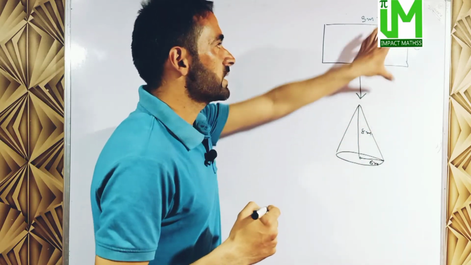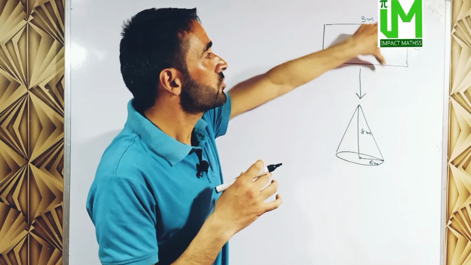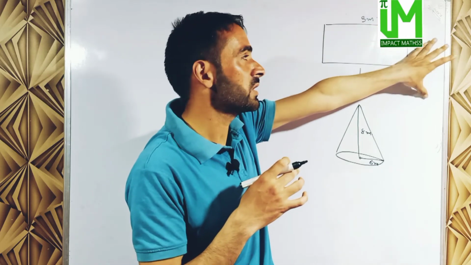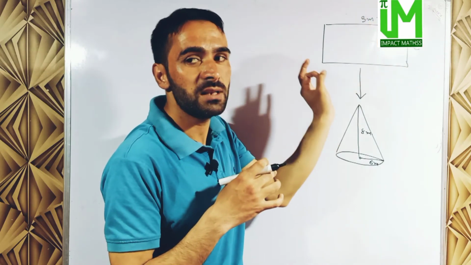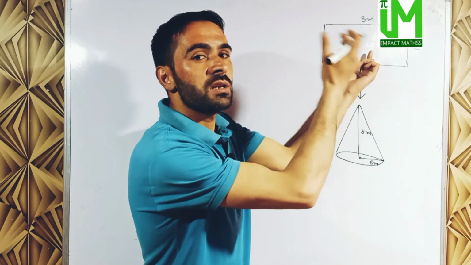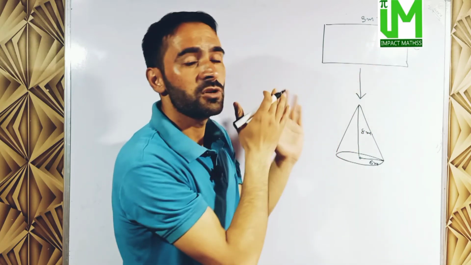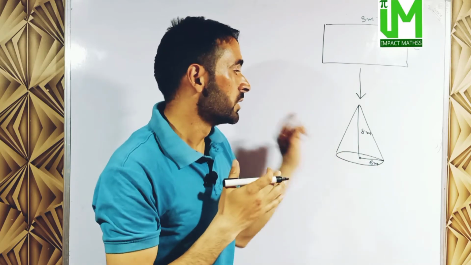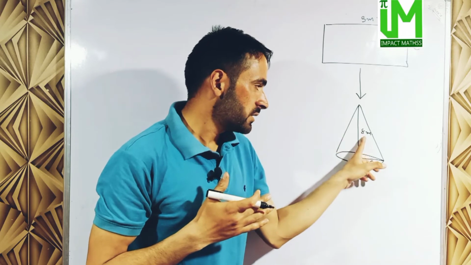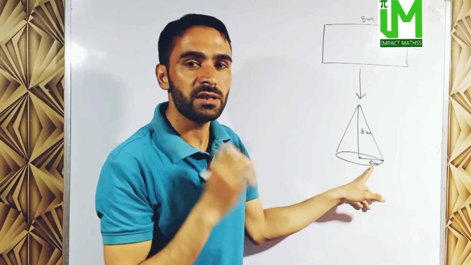So we are given a rectangular shape whose width is given to be 3 meter. We have to find the length. We transform or change this tarpaulin to make a conical tent, whose height is 8 meter and base radius happens to be 6 meter.